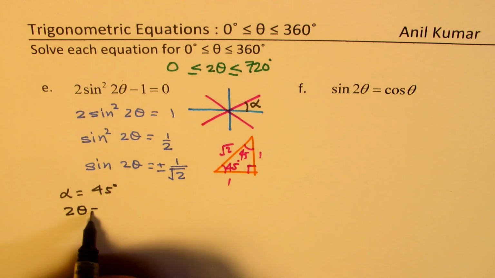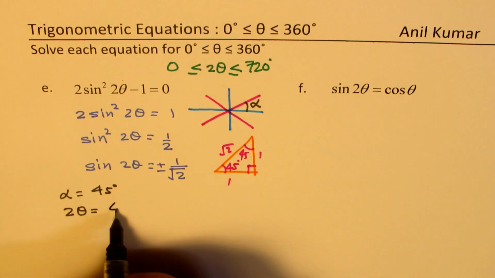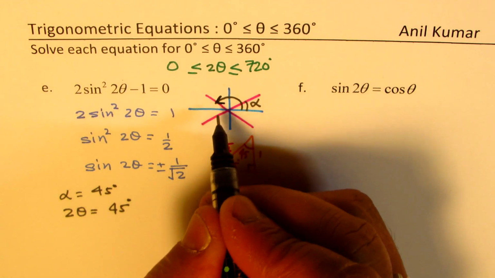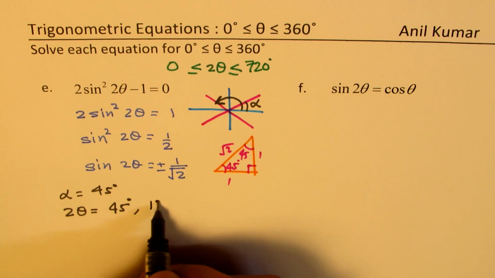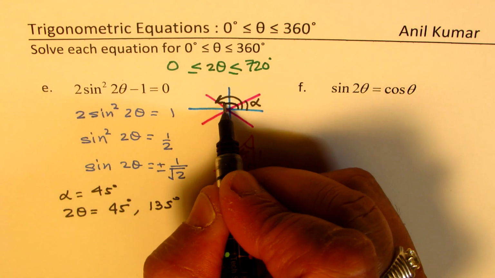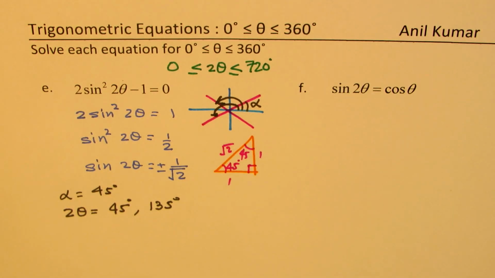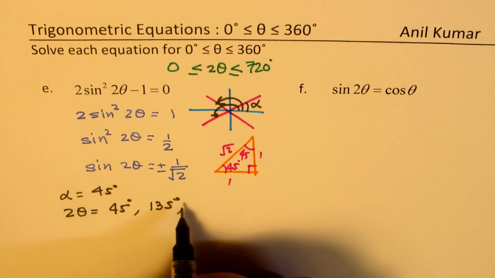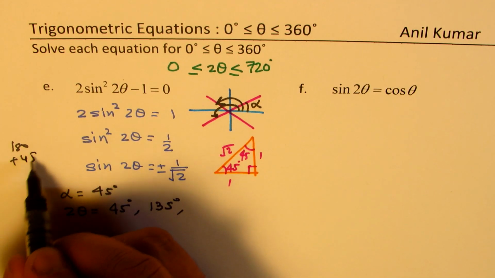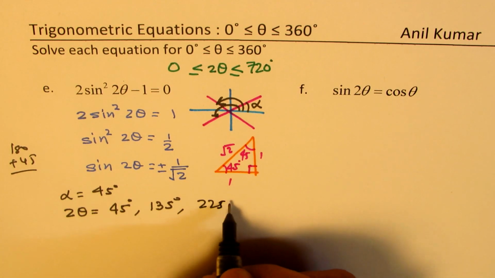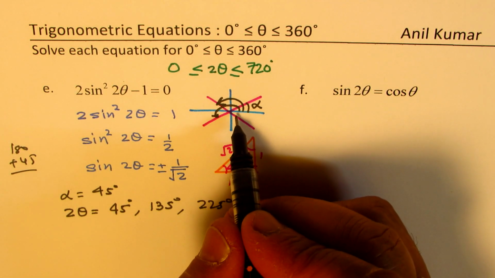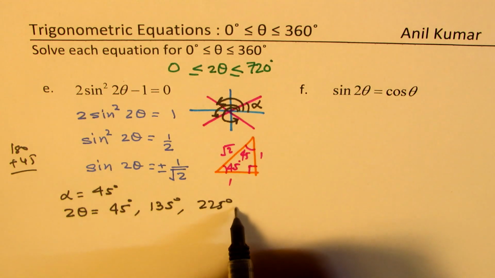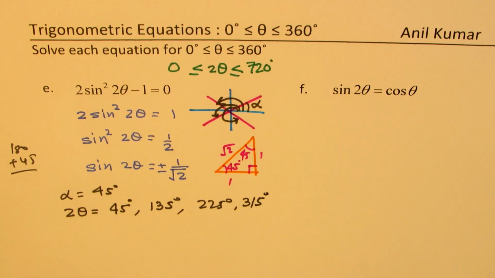Well, we can write like this. 2 theta equals, of course, alpha, which is 45 degrees, and then 180 minus 45, this angle, which is 135 degrees, and then this much, 180 plus 45, which is 225 degrees. And then we have this angle, which is 360 minus 45, which is 315 degrees, right?